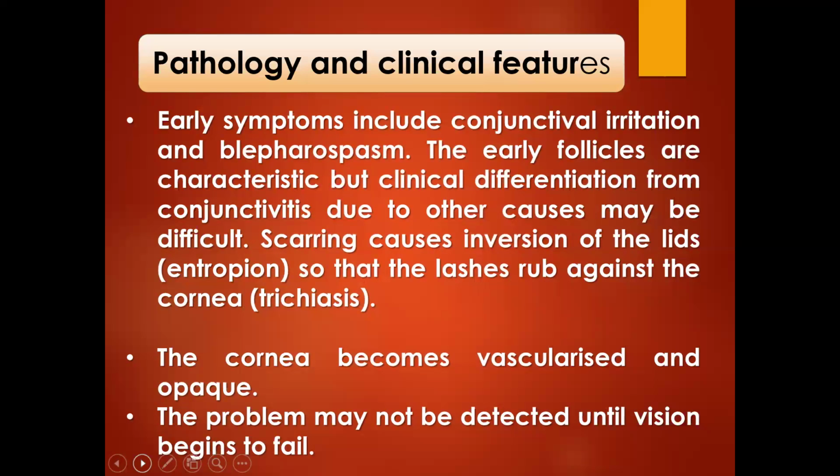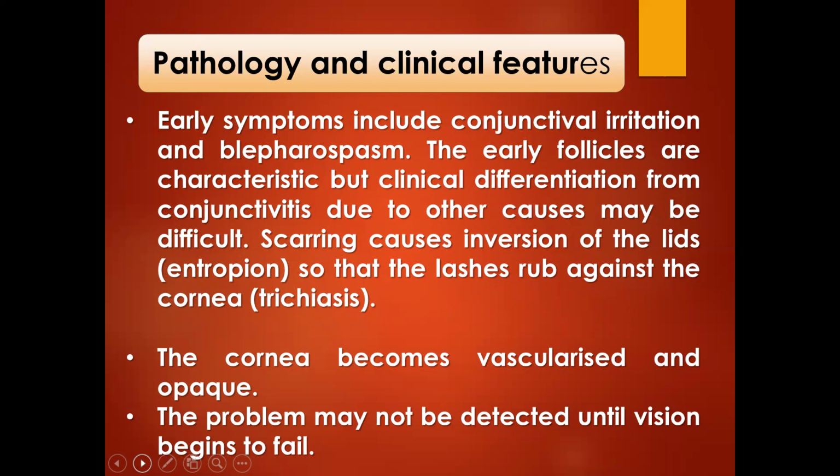It undergoes several spasms of the eyelid, and the patient will be noticing them. The early follicles are the characteristic. But when this starts to happen, the patient might confuse it with ordinary conjunctivitis.